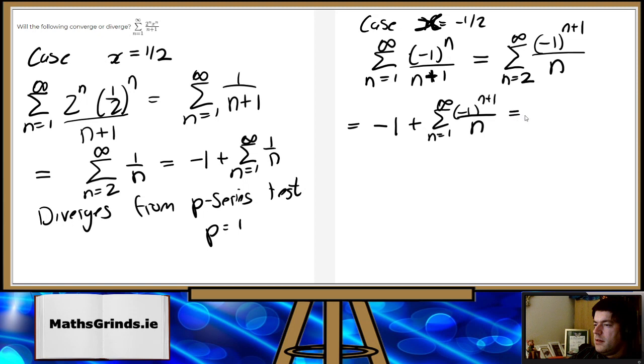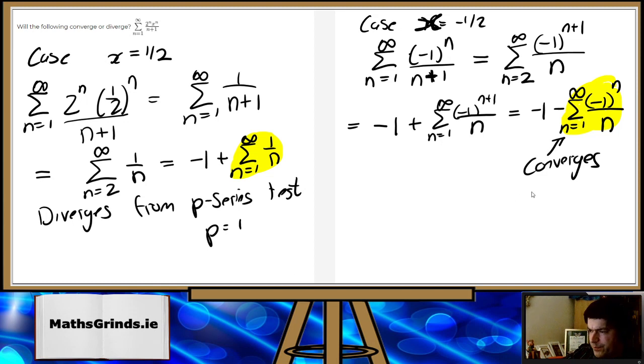Okay, so that would equal minus 1 minus the sum from 1 to infinity, and if I flip the signs around, I could change that to minus 1 to the power n over n. So the first one is an example of a divergent series, and this one here I think is called the harmonic series or the alternating series or something like this. And this one actually converges.